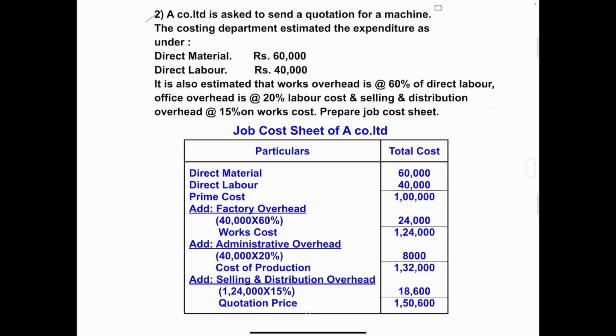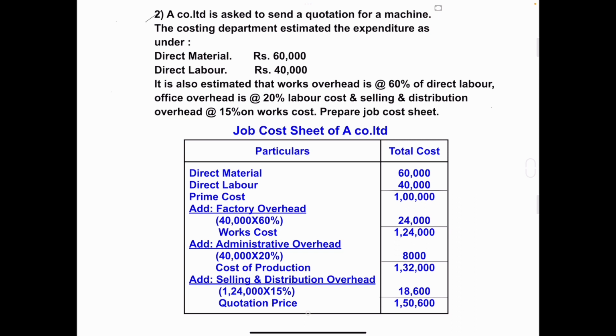It is also estimated that works overhead is at 60% of direct labor, office overhead is at 20% of labor cost, and selling and distribution overhead at 15% on works cost. Prepare job cost sheet. So in this problem, they have given certain information and we have to prepare the job cost sheet. We'll start the solution.